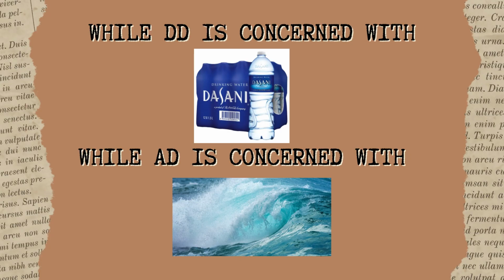Initially we used the analogy of Dasani water, right? The demand curve and the price mechanism are focused on one product only, which is Dasani water. The DD curve only affects the market of Dasani water, right?